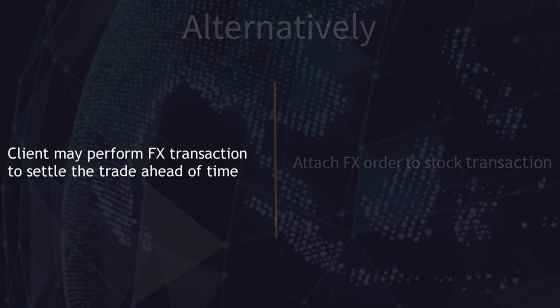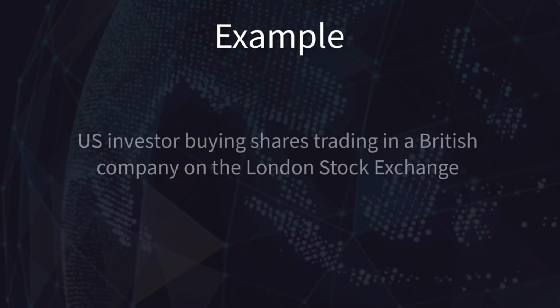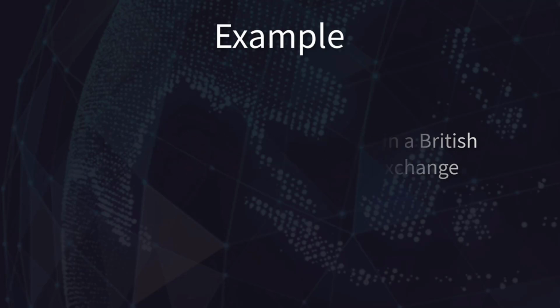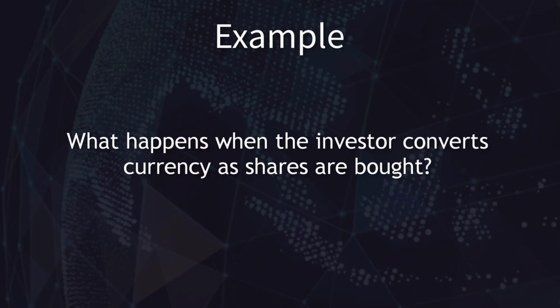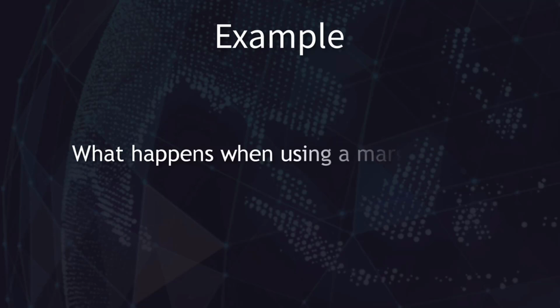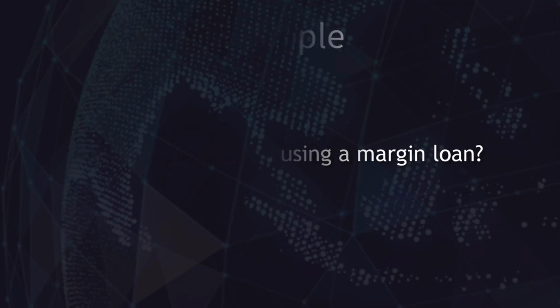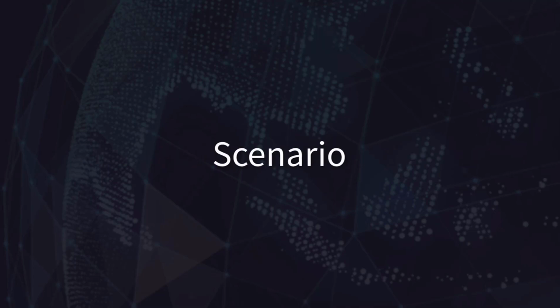We will look now at the case of a US investor buying shares in a British company trading on the London Stock Exchange. We will examine three cases, starting with what happens when the investor converts currency as shares are bought. Later, we will look at two cases when using a margin loan, and finally, try to draw some conclusions. Each scenario begins with the following assumptions.